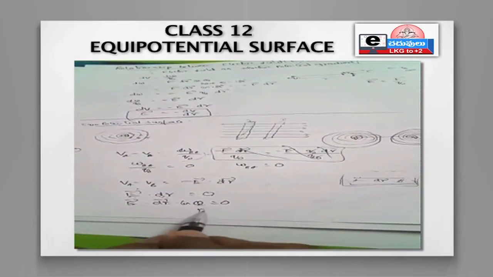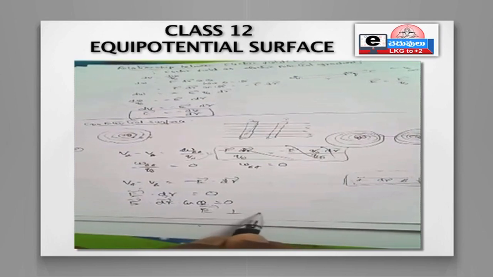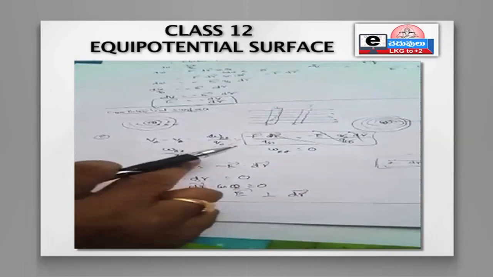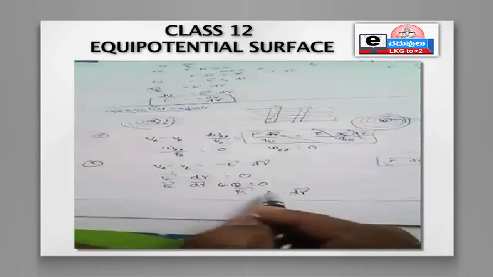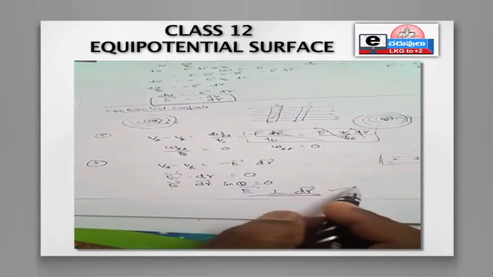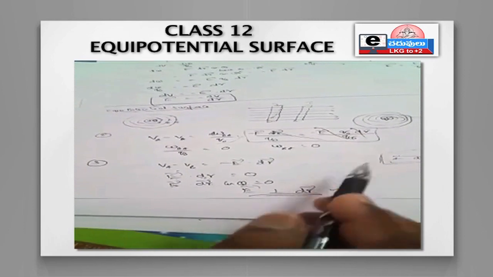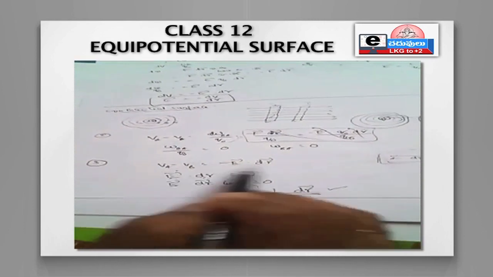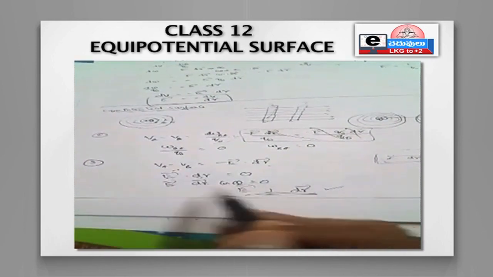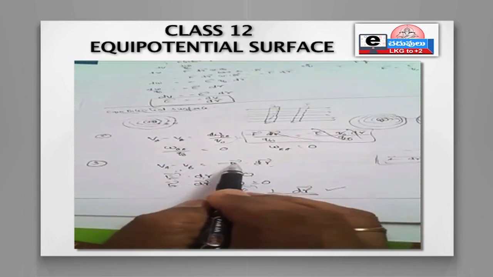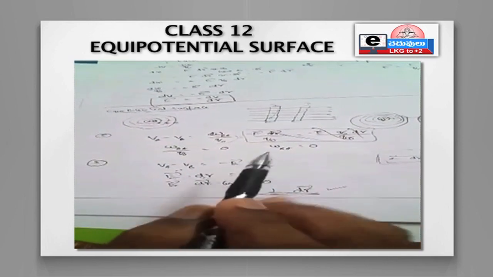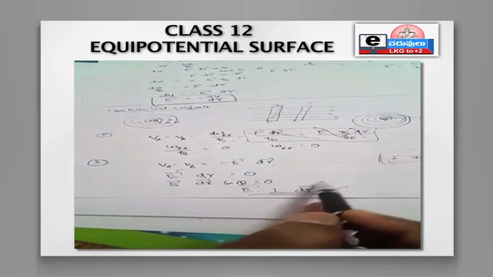Hence E must be perpendicular to dr. If I take the paper as the surface, the field lines will be perpendicular to it. In this way we can prove the previous concept also. At that time I did not, because you did not know this formula. Now with the help of this formula we can say that the electric field lines are always perpendicular to the equipotential surfaces.